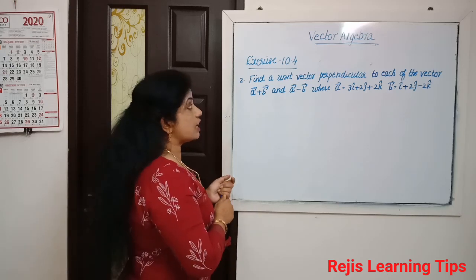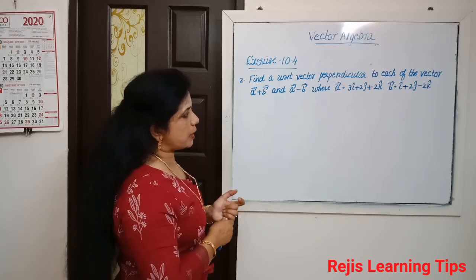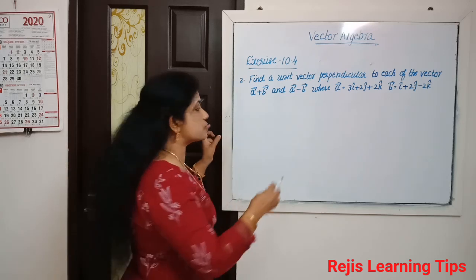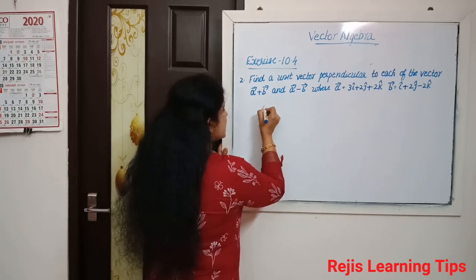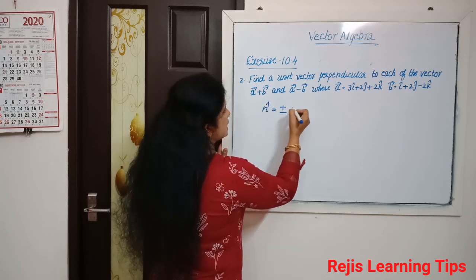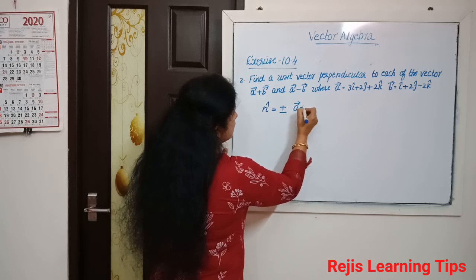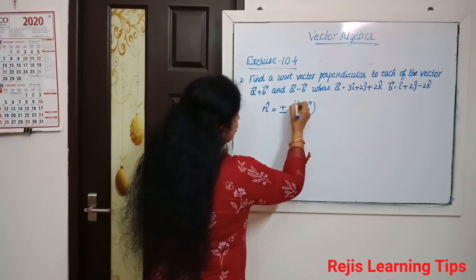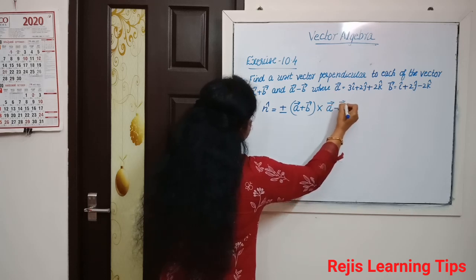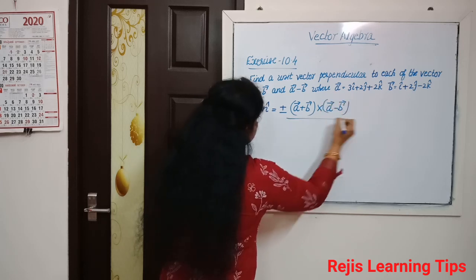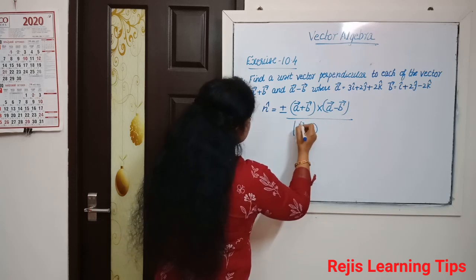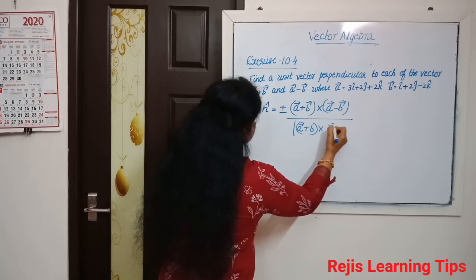Okay, how can we find a unit vector perpendicular to each of the vector a plus b and a minus b? That is n cap is equal to plus or minus vector a plus b cross vector a minus b divided by magnitude of vector a plus b cross a minus b.